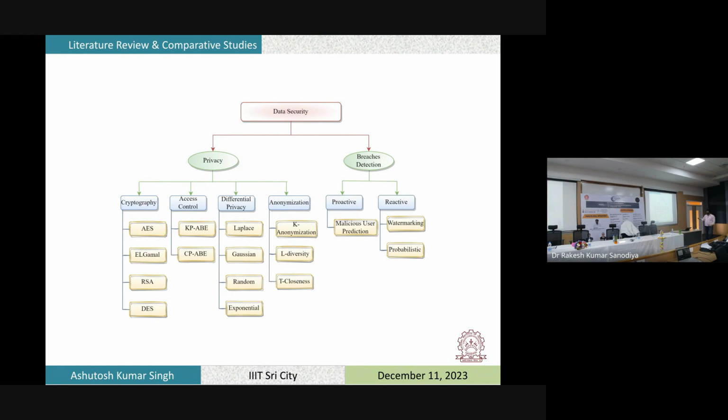The second part is breach detection, and in this area we work more. What happens if the data is leaked? We detect the malicious user who leaked the data, and I tell you, finding who leaked the data is not a very easy job.